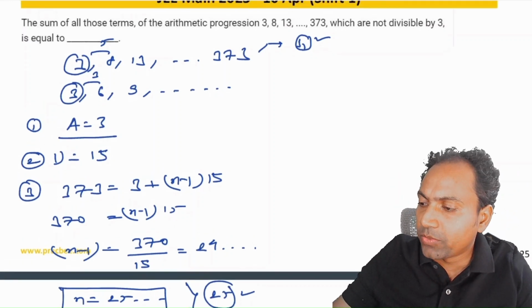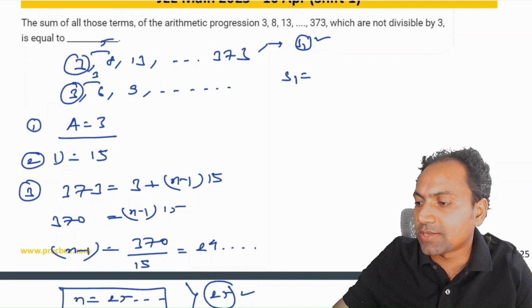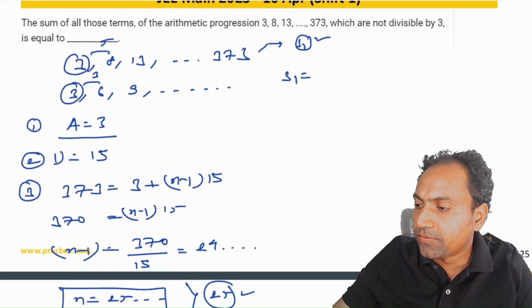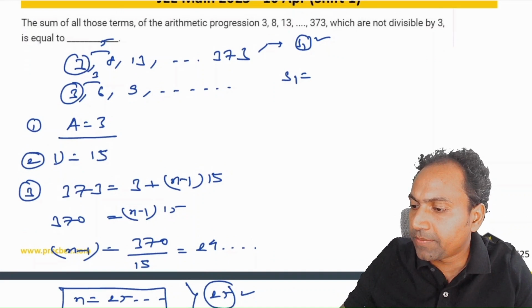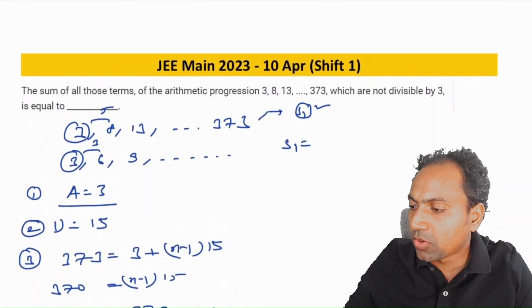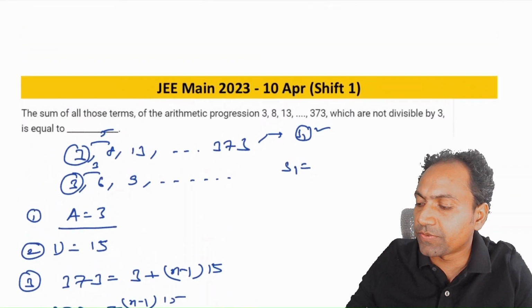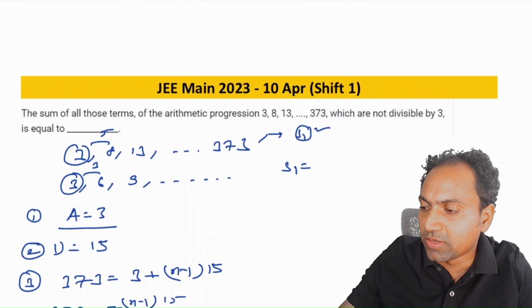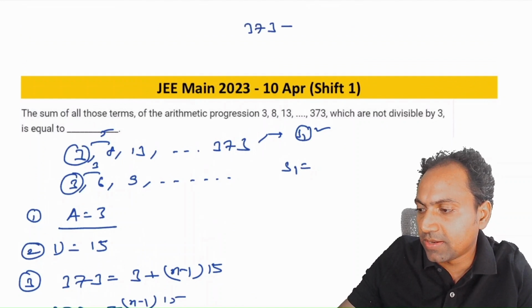So now what we are doing is, in order to find S1, that is the sum of the first series, we can apply our concept. So let us first figure out the total number of terms in this series, so 373 minus 3 is equal to n minus 1 into 5.